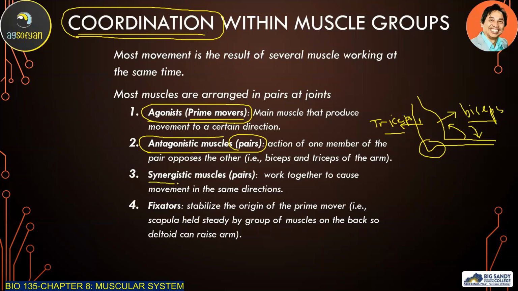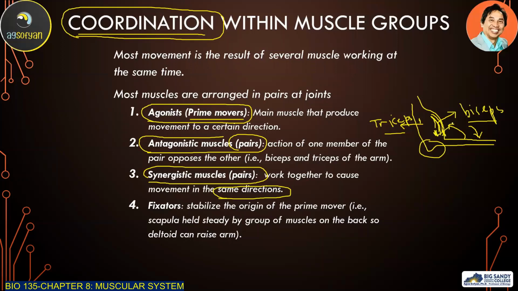The next one is called the synergistic muscle. This is also a pair of muscles. But in this one, both muscles contract to move our body in the same direction. Just for information, when we flex our elbow, the bicep will be contracted. There is another muscle that is also needed to perform this contraction.